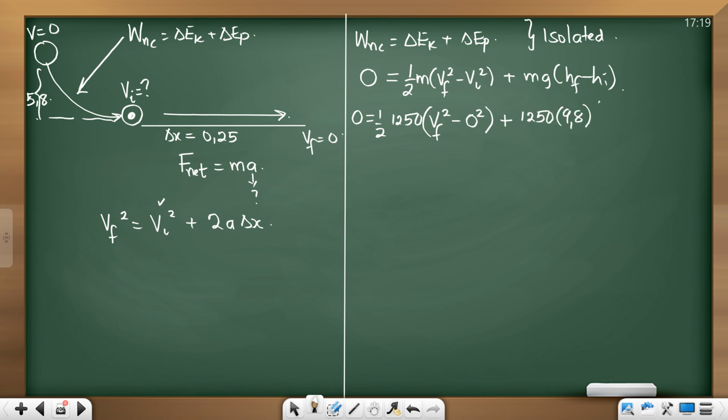Now, what is the final height? Final height is at the horizontal position where it hits the wall. Final height is 0. Initial height is 5.8. Please do maths for me and get me Vf.